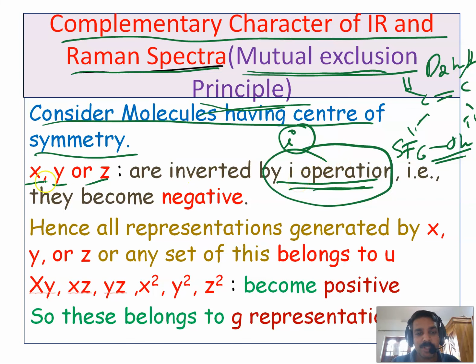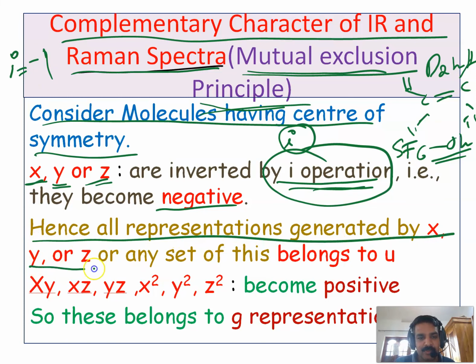During the operation of I, the x, y, z coordinates change sign, they become negative. So the character of I will be -1. Hence, for all representations generated by x, y, z, the character of I will be -1, and that representation is denoted as u.